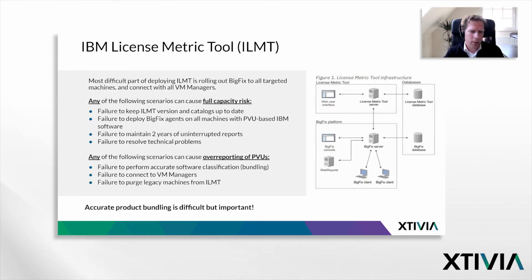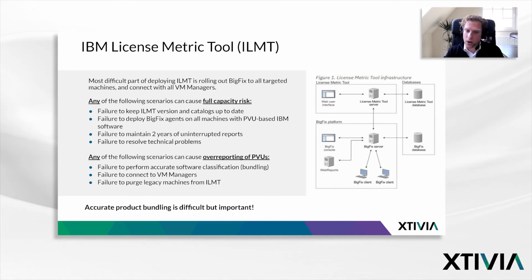So I'll talk briefly about ILMT and what to focus on. Number one, of course, if you have any processor-based metrics, so PVU is common, VPC is another one, or some RVU metrics, which are processor-based, it's also applicable. It's very important that you have ILMT installed, but also that it's operating correctly.